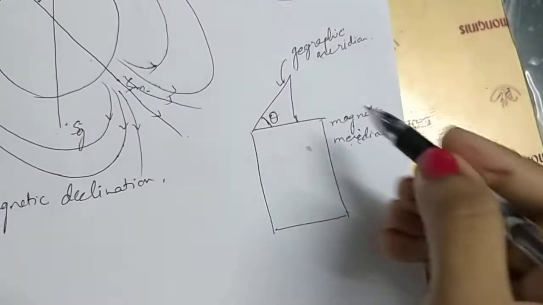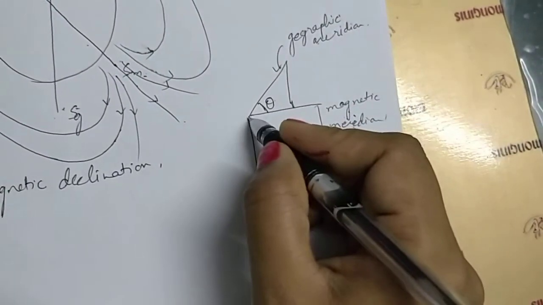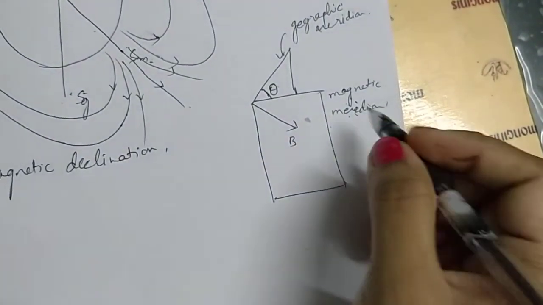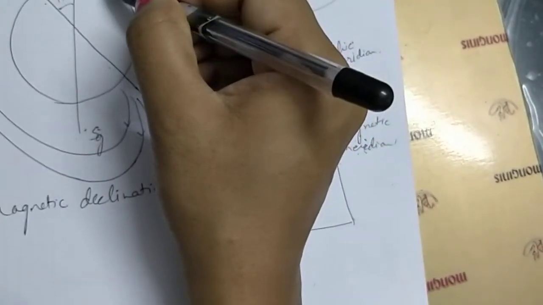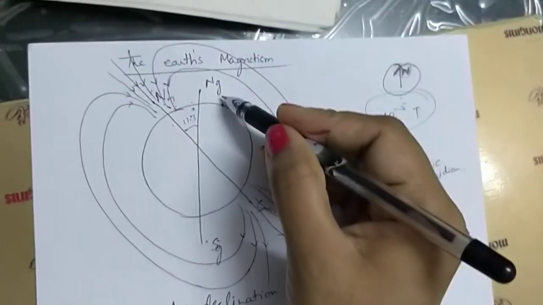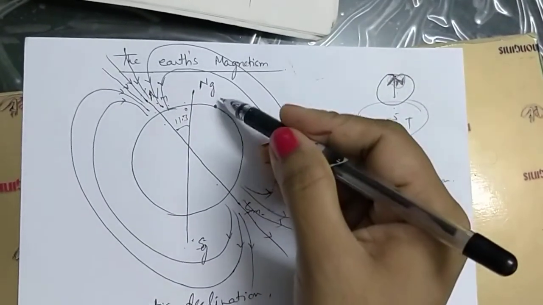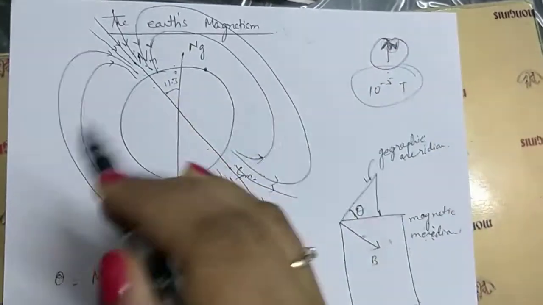Then there is your magnetic meridian. Earth's magnetic field will always lie in magnetic meridian. Suppose at any point this is your real Earth's magnetic field. If you are here on Earth, there will be one line, and this point and this line will define one plane. Suppose it is a 3-dimensional surface.